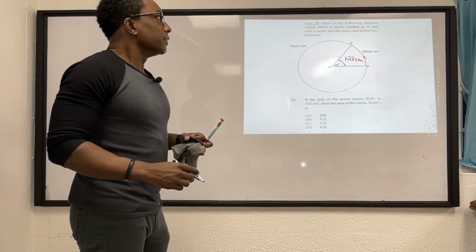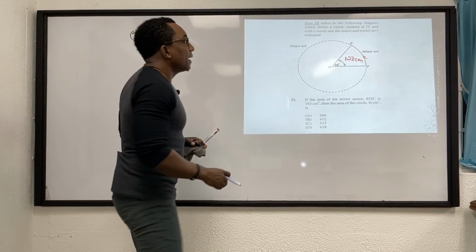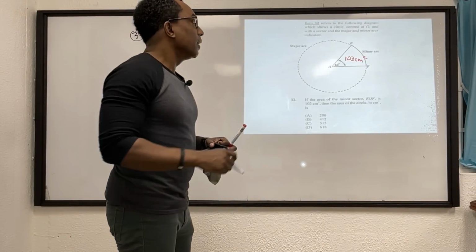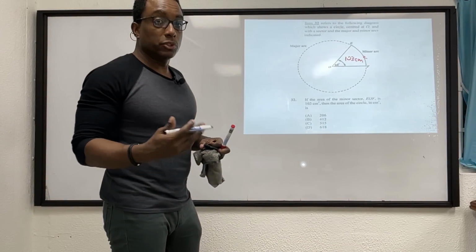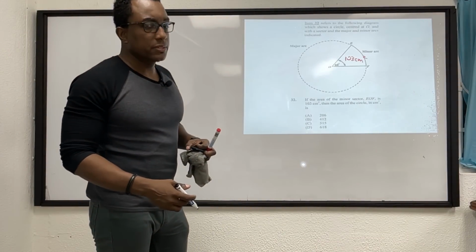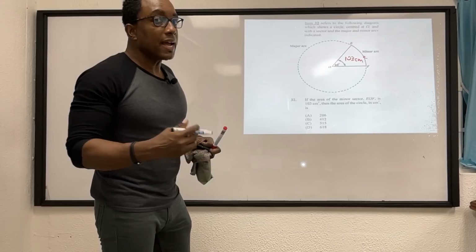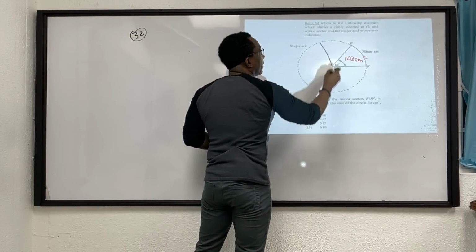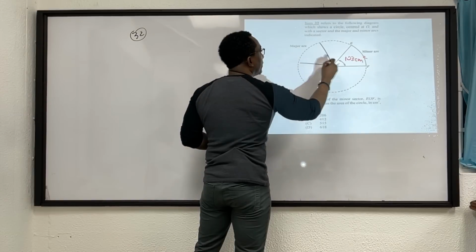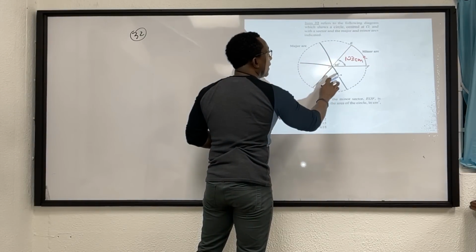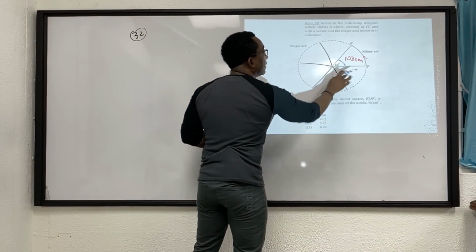Now, this circle, if we look at the sector angle, it is 60 degrees. A circle has an angle of 360 degrees, so it means that we can get 6 60-degree sector angles within this circle. So this will be 1, 2, 3, 4, 5, 6.